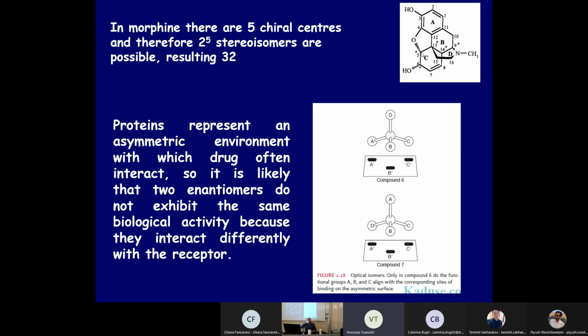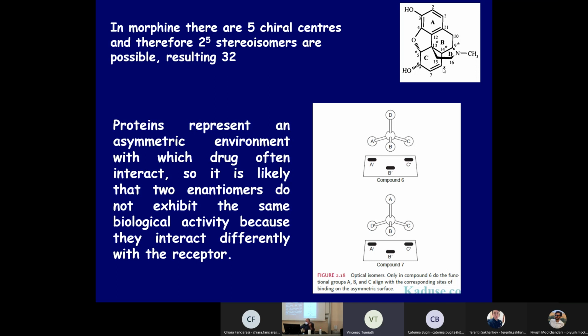5 is the first asymmetric carbon atom. 6 also, and so 2 asymmetric carbon atoms.